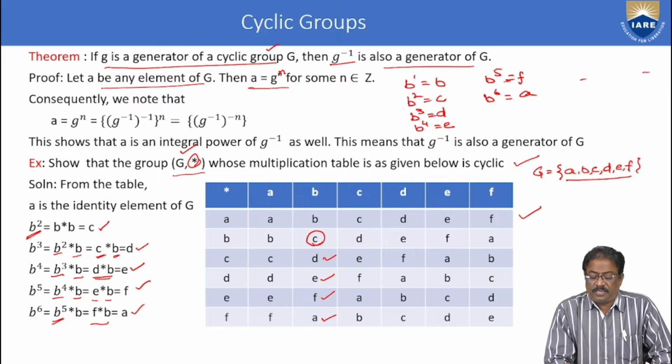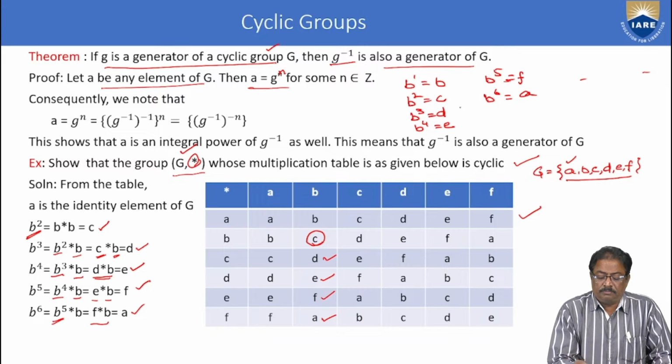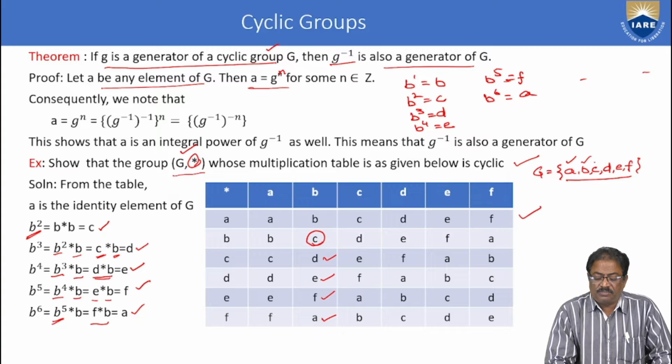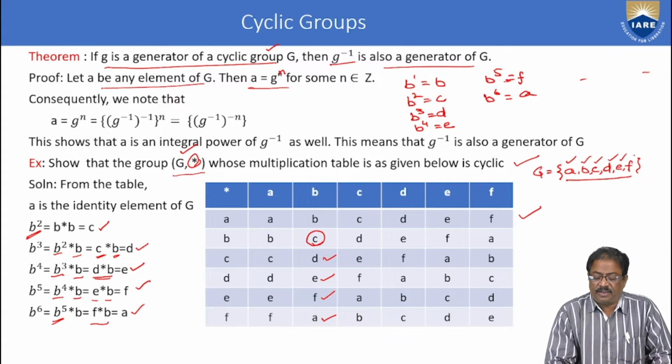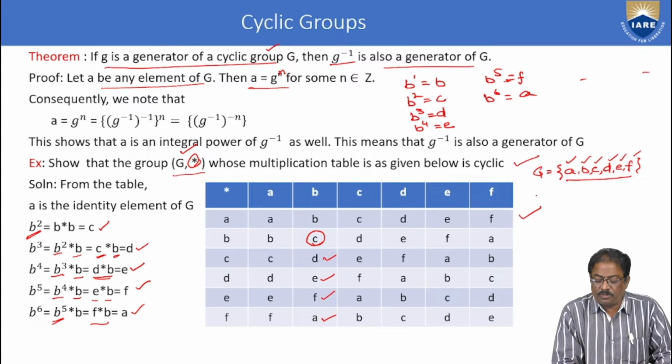Now, see, A is over, then B is already over, C is over, and D is there, and next E is there, and F is there. So what I am going to write, A can be written as B power 6, and B can be written as B power 1, C can be written as B square, D can be written as B cubed, E can be written as B power 4, F can be written as B power 5.